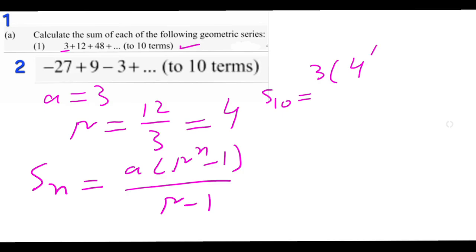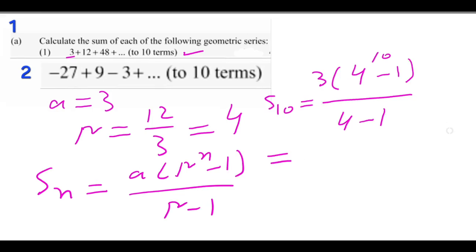So 4 to the power 10 minus 1 over 4 minus 1. So calculate the sum. Use the calculator one time, the answer is going to be equal to 1,048,575. So this is my final answer.